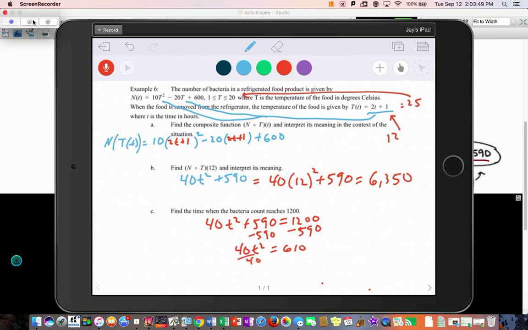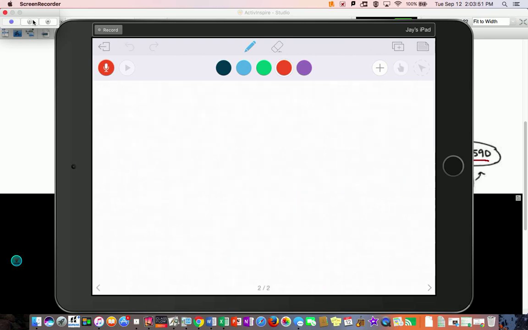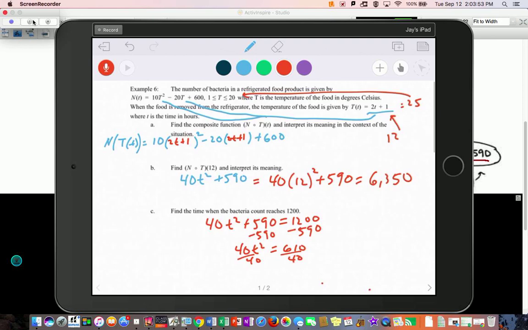Divide by 40, this will not be a nice number. So I need to start over here. t squared is equal to 610 divided by 40, which is 15.25.